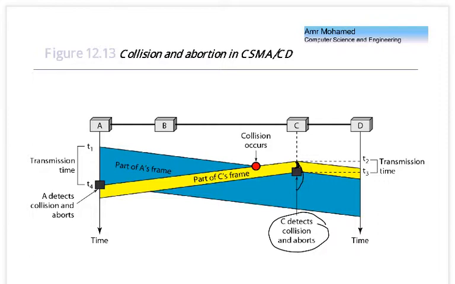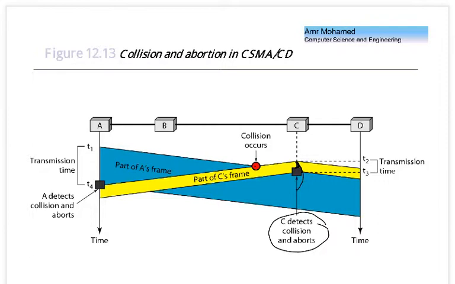But it reached C when? At T3. And C started to transmit at T2, and it finished transmission before T3. So for C, everything is fine, even though the collision has actually happened, because the collision happened at the very first bit here.